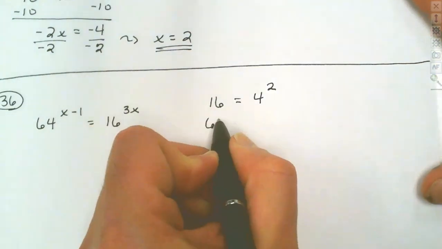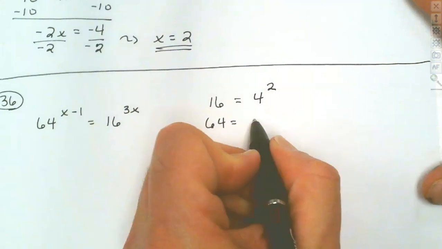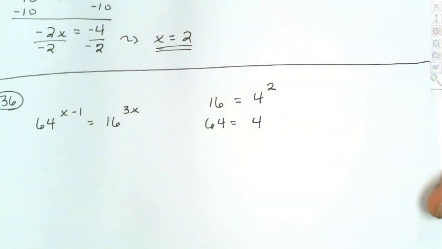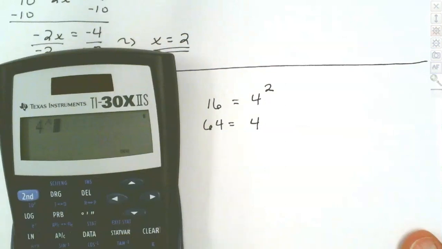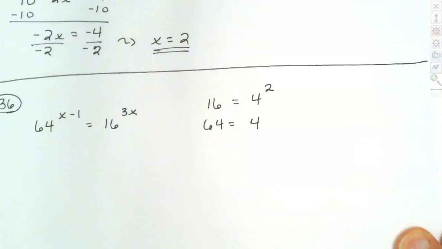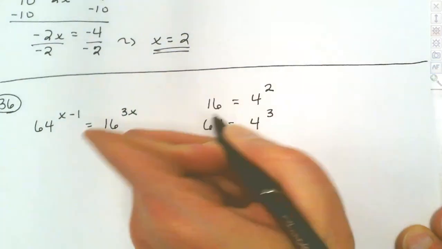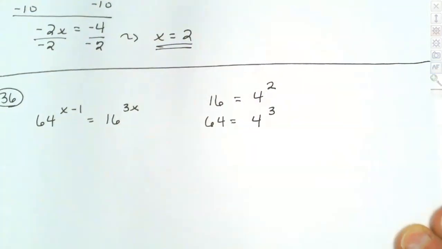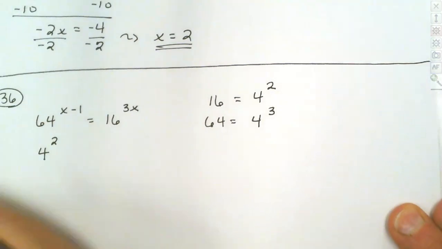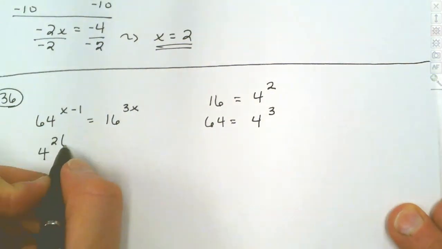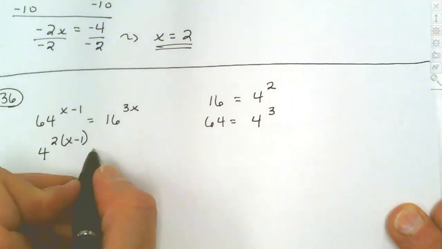What about 64? Well, what about 4? If we use a common base of 4, 4 cubed is what? 64. So we know 64 is 4 cubed, 16 is 4 squared. So we can now rewrite this as 4 to the 2nd power times x minus 1.